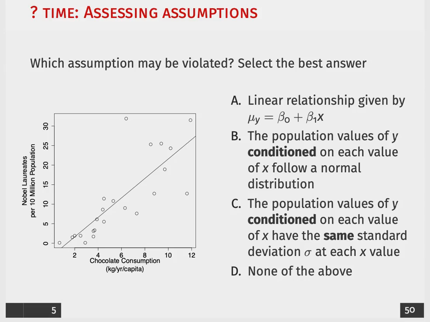What's more likely here is that we have unequal variance, and we can tell because we have very tight observations around the fitted line for lower values of x. But for larger values of x, the observations are much farther away from the fitted line. And so again, it's likely that B or C is violated here.